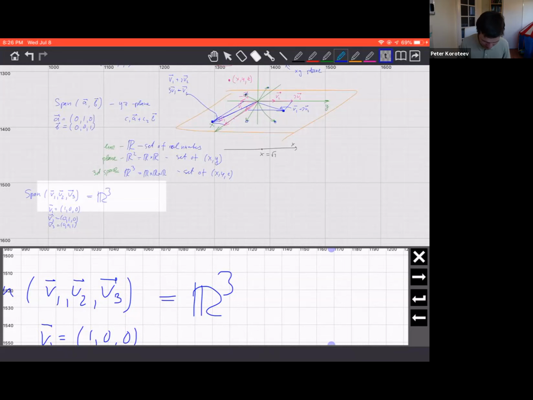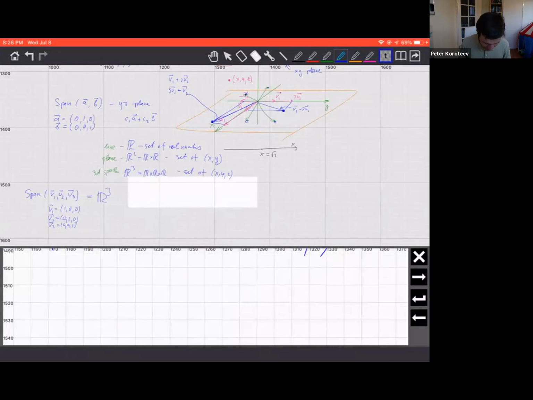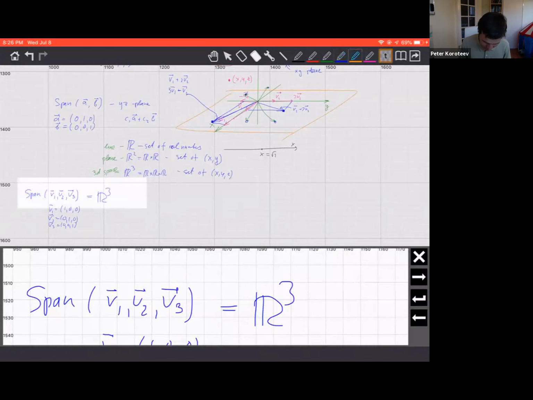But just to make sure, there's one more subtlety. What we had so far, the number of these vectors gives you the dimension here. However, if some of these vectors are parallel, let's say you have two vectors which are parallel to each other, and you take the span of them, then you don't get anything new, because you already have one vector, and the other vector is just a scalar multiple of the same vector.